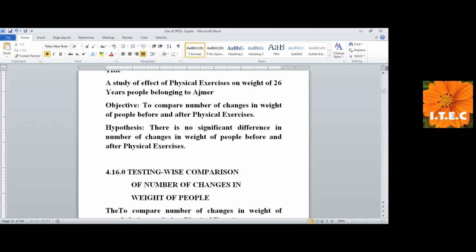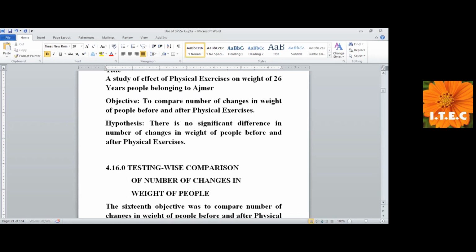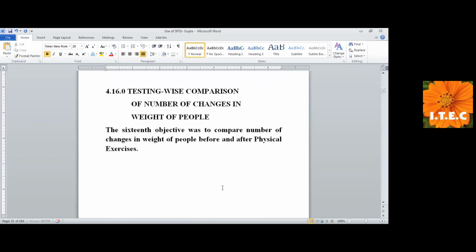And then I say the 16th objective was to compare the number of changes in weight of people before and after.